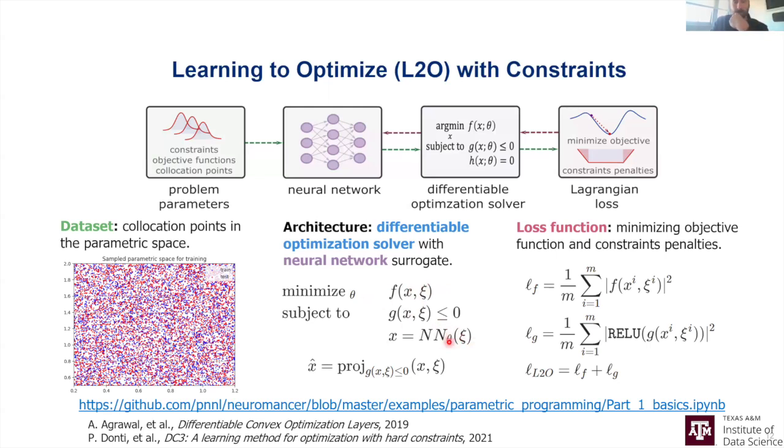And I want to find the weights and biases of this neural network that find this mapping. In the vanilla approach, like you would do in PINNs, I will just minimize the weighted average of the objective functions over given samples and minimize the violations of these constraints via constraint penalties.